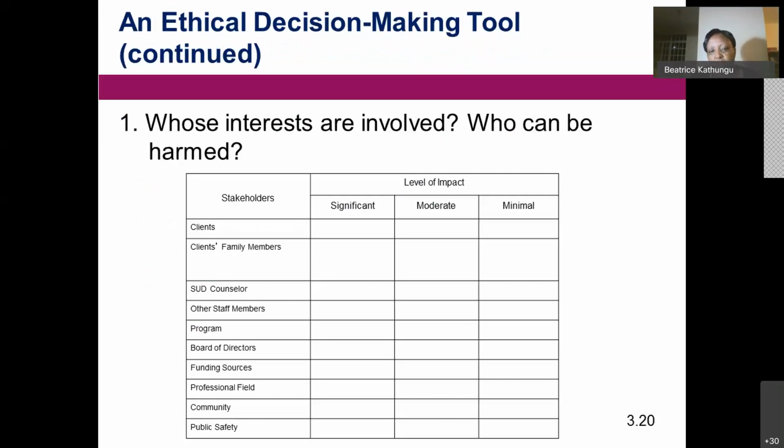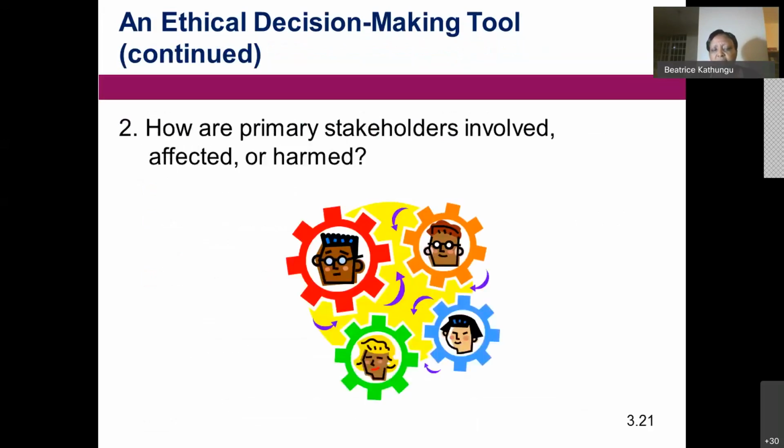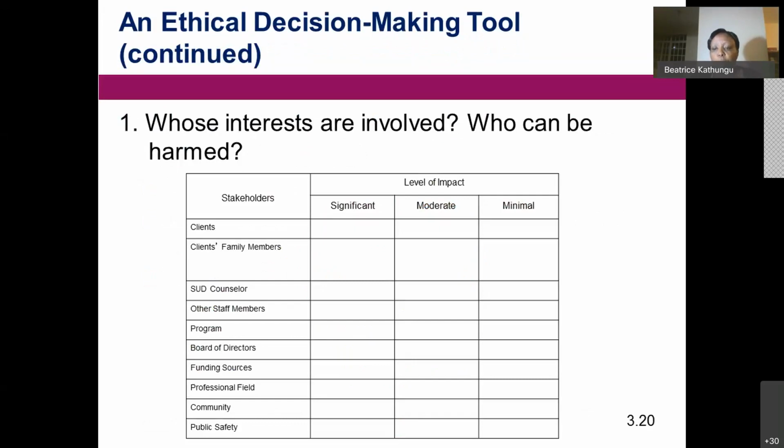This is actually how it looks. It's a bit small in this slide, so I hope when we go back to the other one, we'll be able to see it bigger. But you can see, it asks you whose interests are involved, who can be harmed. And we are supposed to list down, and it has given you potential stakeholders.